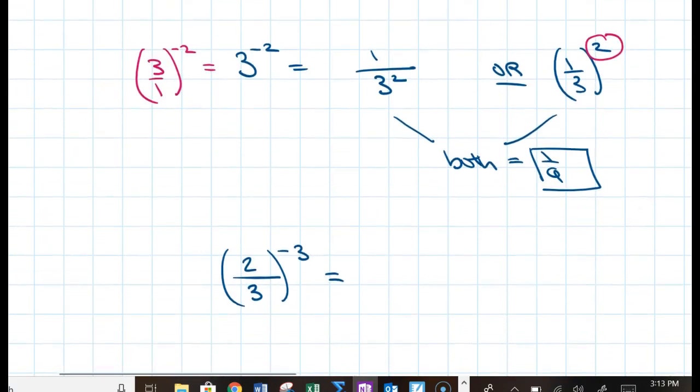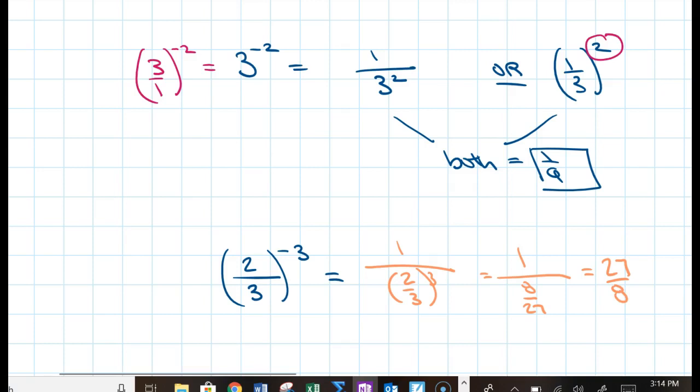Look at 2/3 to the negative third. I could have gone this route and said this is the same thing as 1 over 2/3 cubed. Bring the entire base down to the denominator and then cube it. Then this would be 1 over 8 over 27, which equals 27/8.